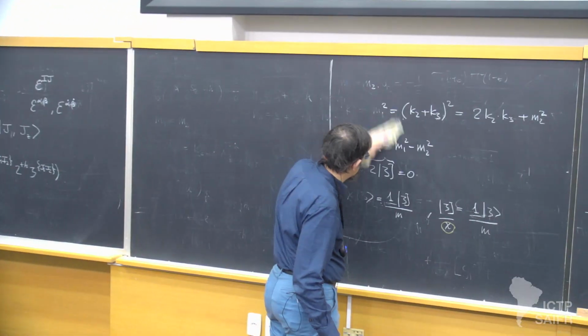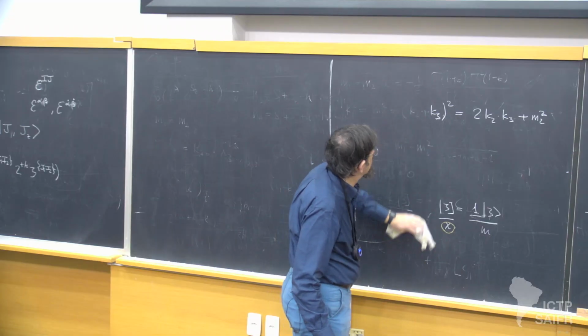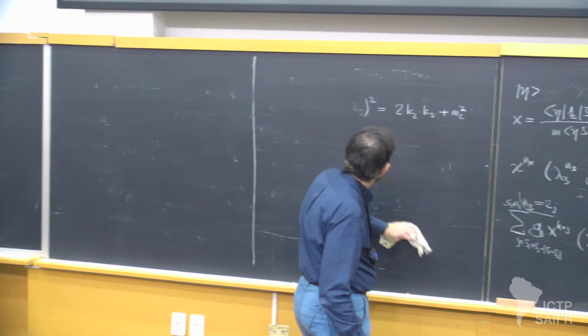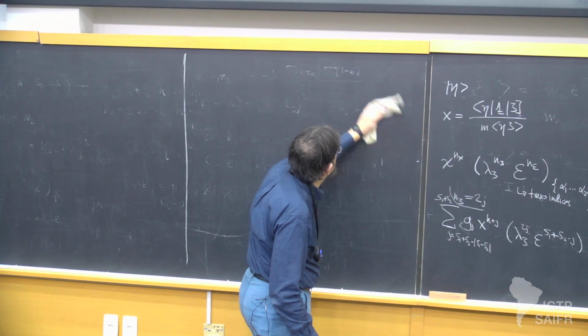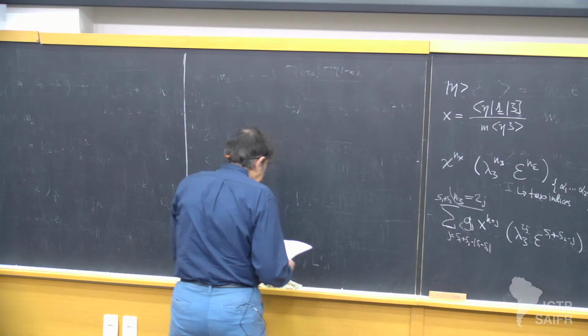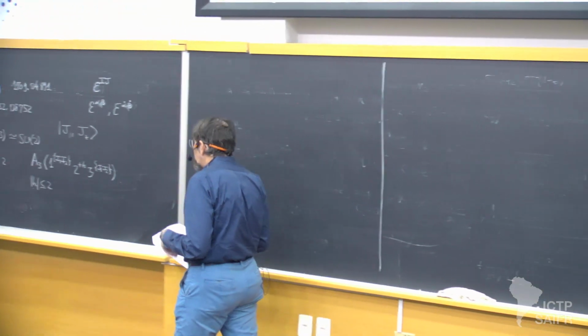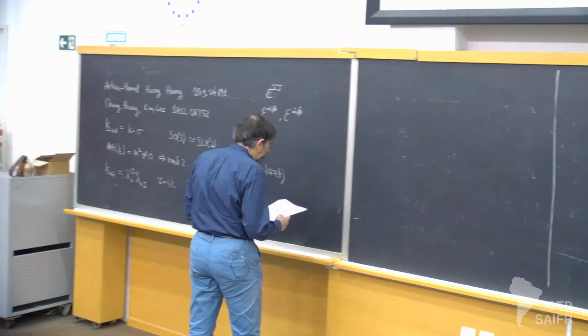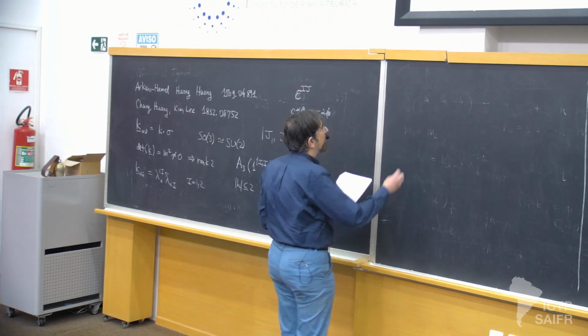And then you're stuck with trying to construct 4-point amplitudes, for example, by factorization, by sewing together or by writing down an ansatz and exploring the factorization.